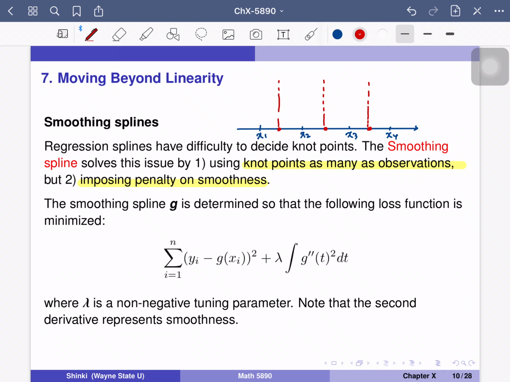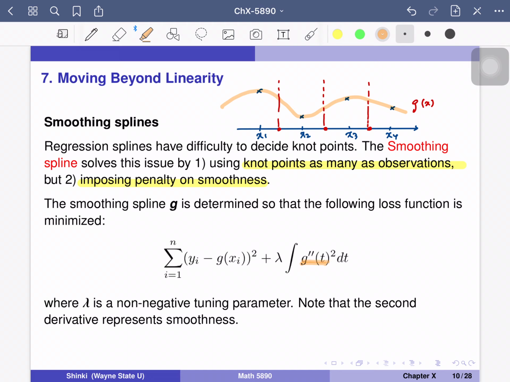But if the relationship is very complicated, still we want to make the curve somewhat smooth. So we want to put some penalty if the curve is not smooth. Suppose that this fitted curve is g of x, and smoothness is represented by the absolute value of g double prime, the second derivative.